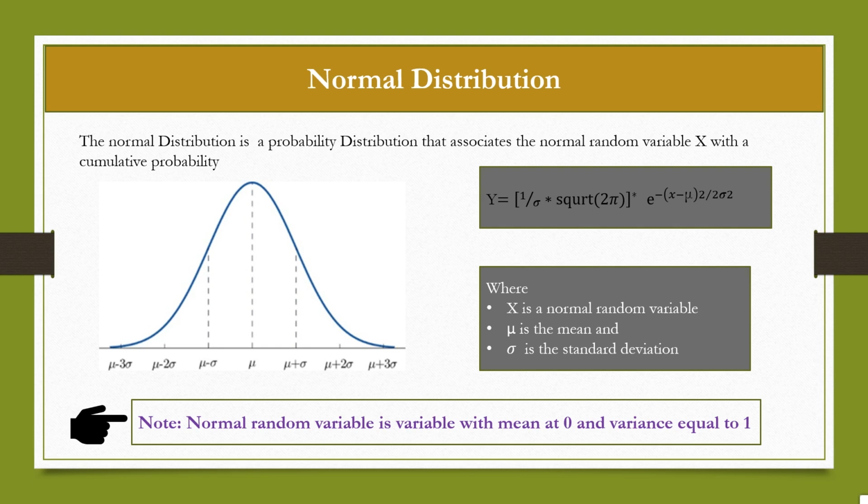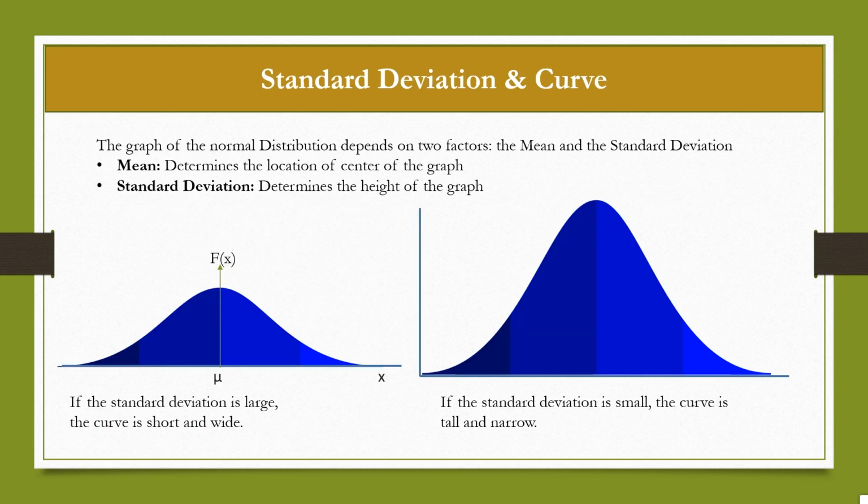Similar to the probability density function, the normal distribution appears as a bell curve. When it comes to the normal distribution, there are two important factors: the mean of the population and the standard deviation.